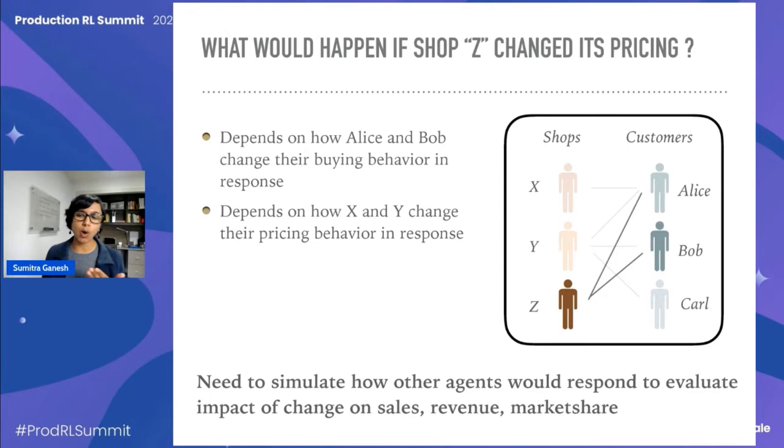It depends on how Alice and Bob, the customers you are connected to, change their buying behavior in response. And that in turn depends on what type of customers Alice and Bob are, what their preferences are. And it also depends on what are the other options, what are the competitors that they are connected to. So the impact also depends on how your competitors change their pricing policy.